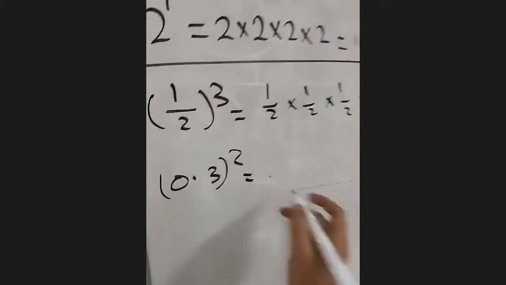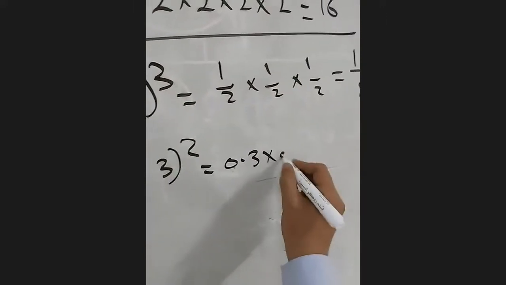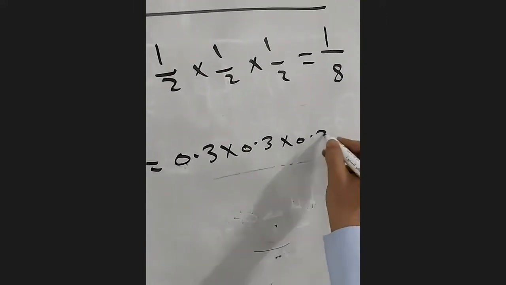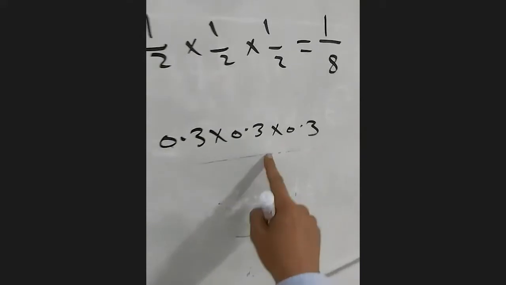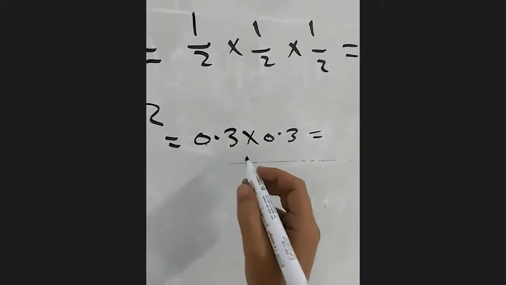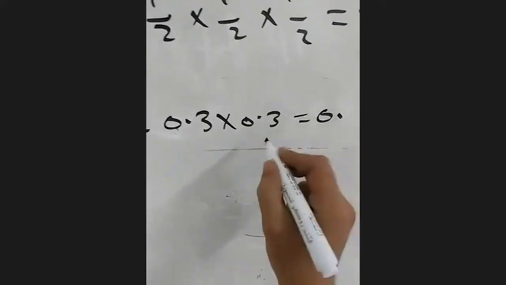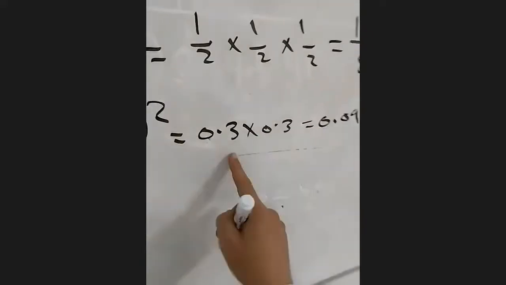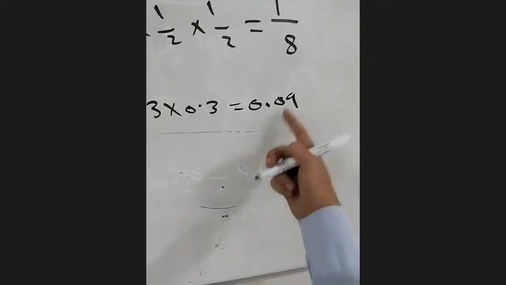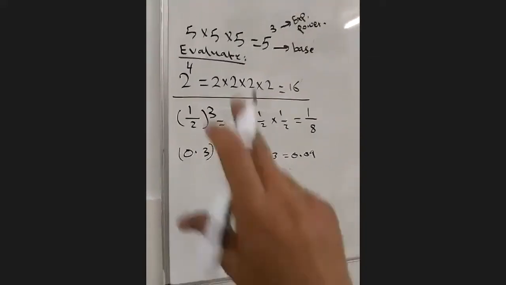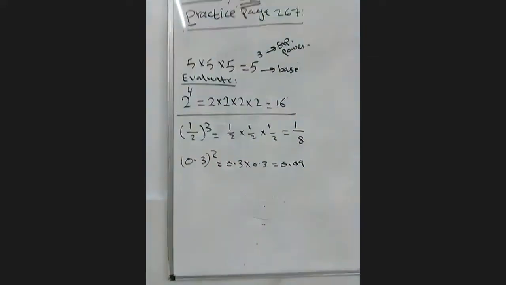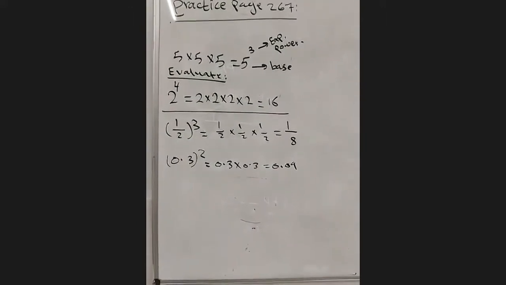For example, here 0.3 times 0.3, sorry, 2 times. This equals 0.09, because 3 by 3 is 9, and we need 2 digits, so we add 0.0. These are the ideas of the previous lesson.